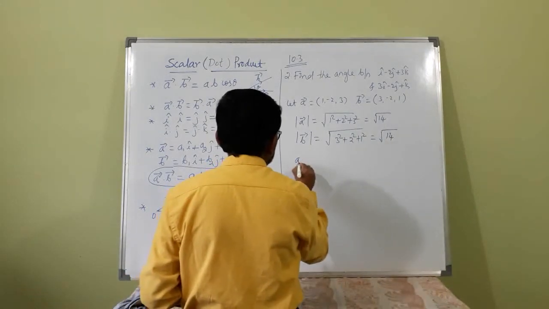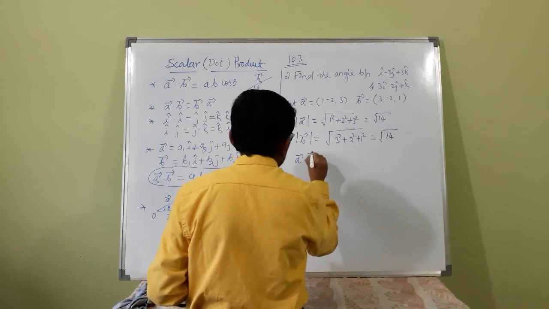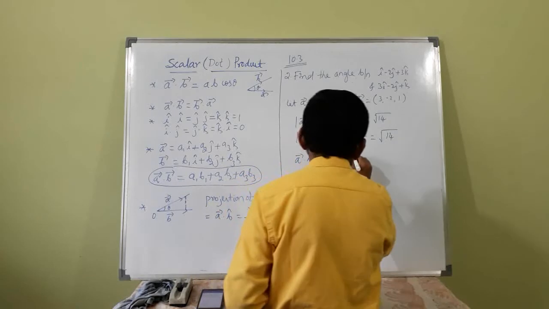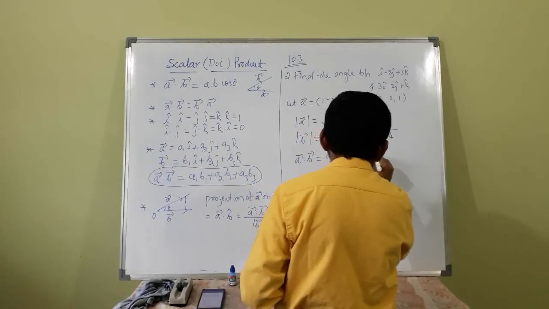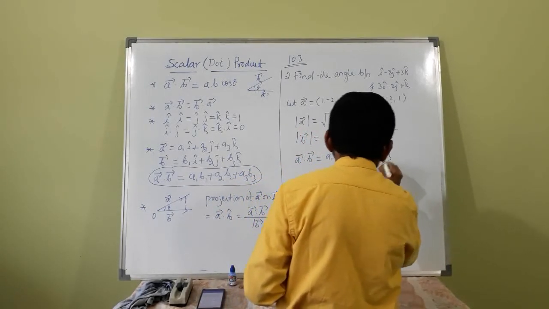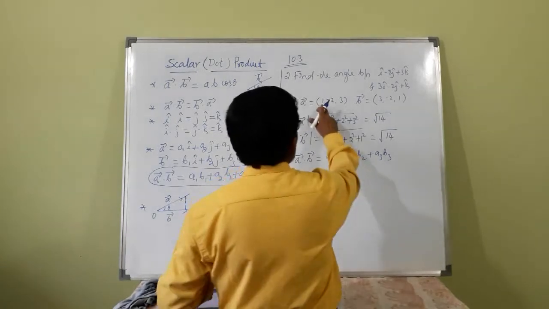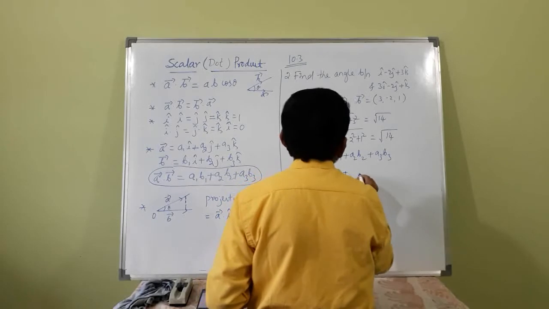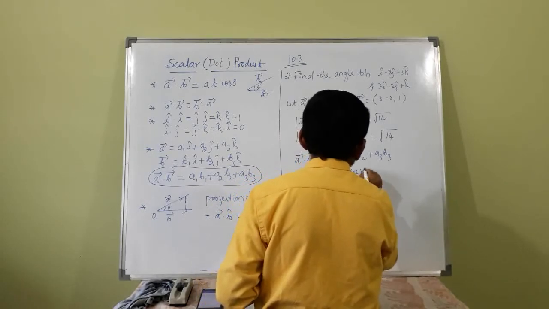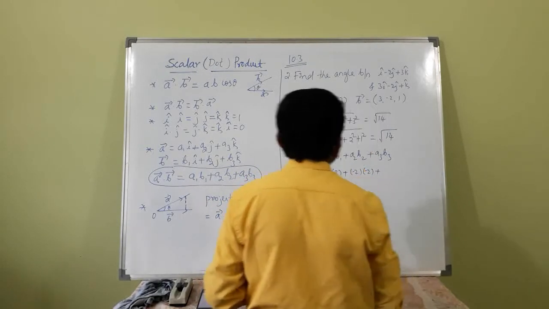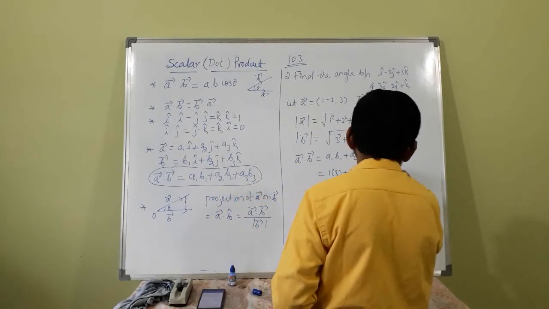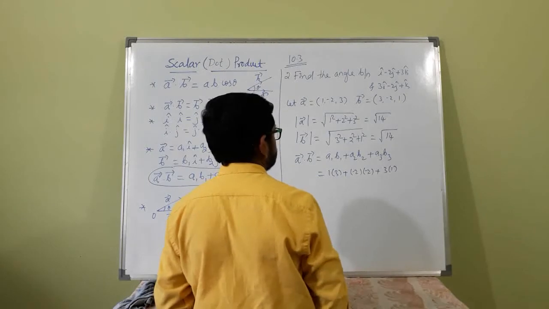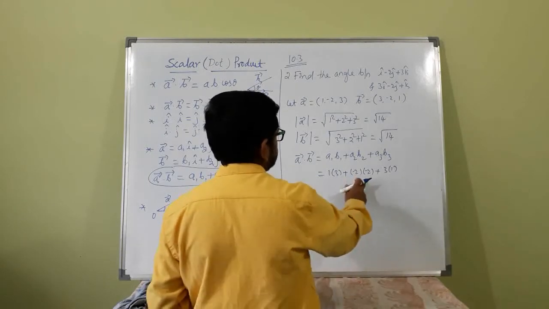A dot B is A1 B1 plus A2 B2 plus A3 B3. Here 1 into 3, plus minus 2 into minus 2, plus 3 into 1, that is 3 plus 4 plus 3, which is 10.